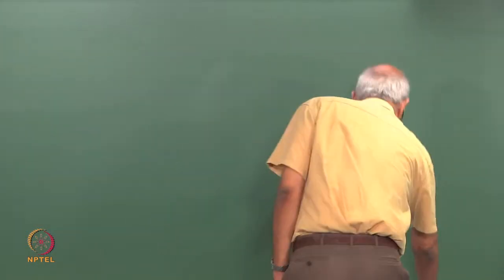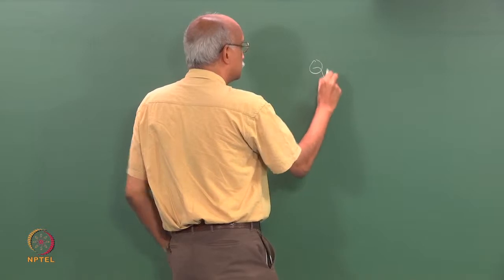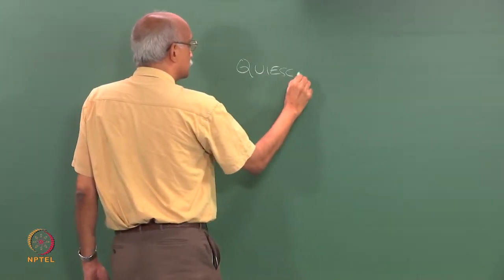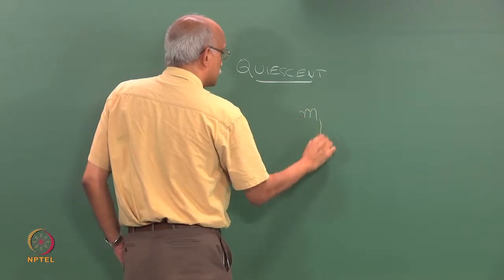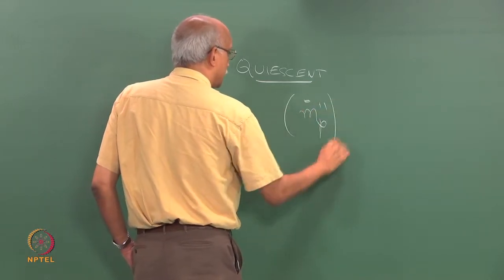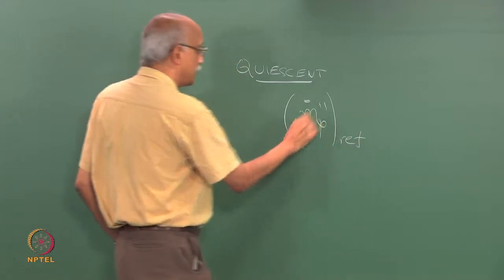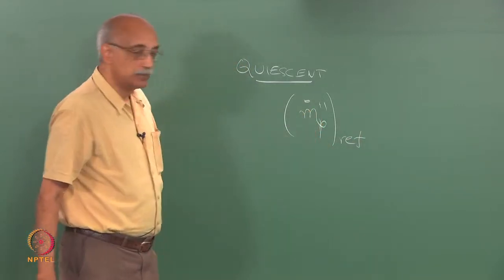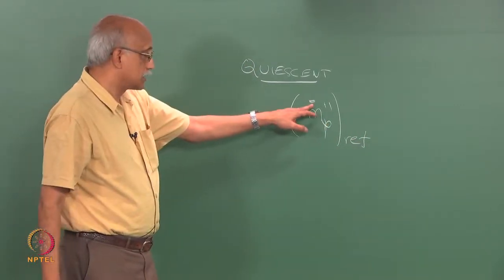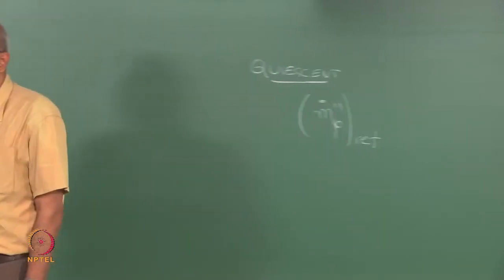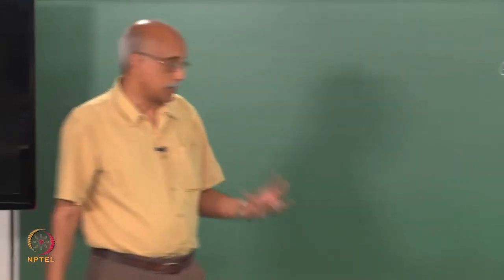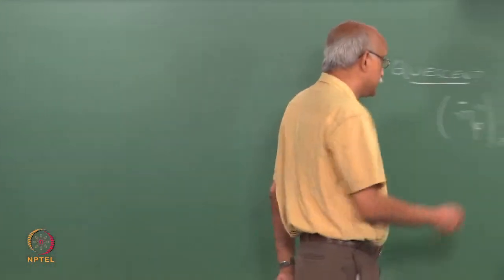So, in the case of quiescent flow, the reference mass flux, and again we will use this notation where M stands for mass, subscript P stands for particles, dot stands for per unit time, and the double prime stands for per unit area. So, this is basically the particulate mass flux reference value.